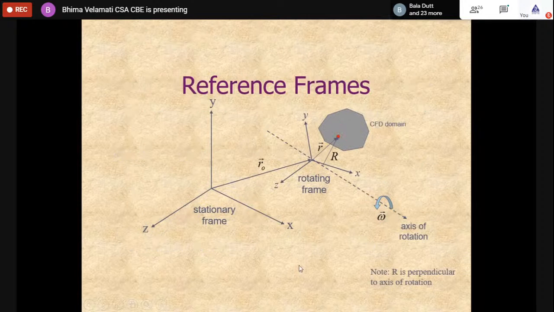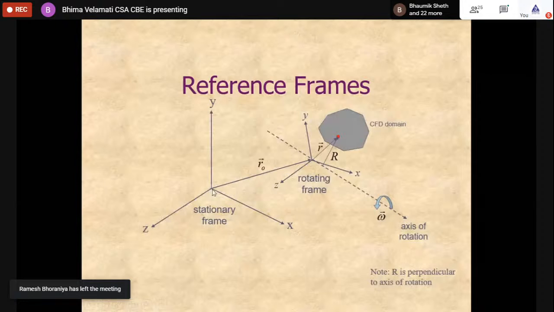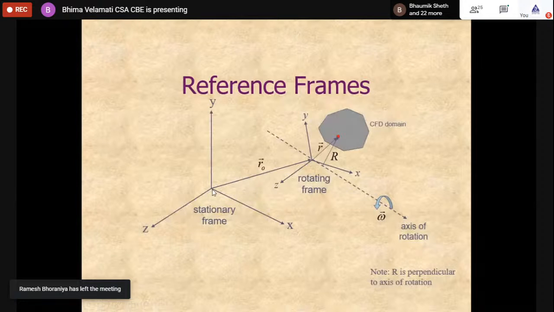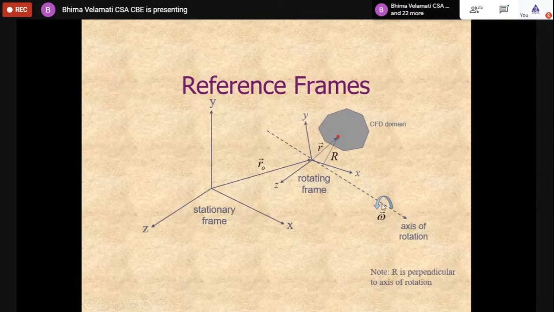So this is a bigger picture of the reference frame direction. R0 is the location where I made the computational domain. And instead of solving the problem in the stationary frame, I would solve it in the rotating frame with respect to the axis of rotation.